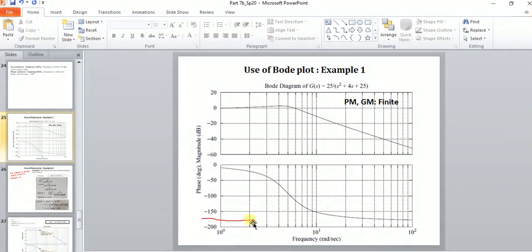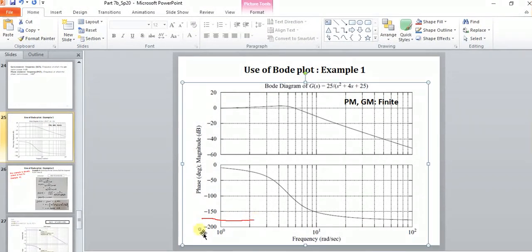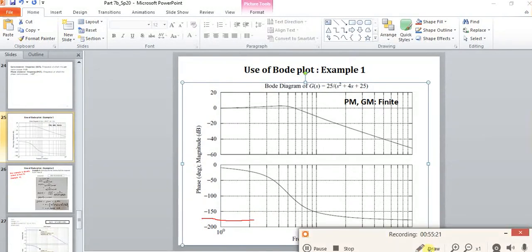Let me now draw this straight and see where this minus 180 touches the phase curve, here. That means from this point I will go straight up till I meet the gain curve. So here is the point I meet the gain curve.